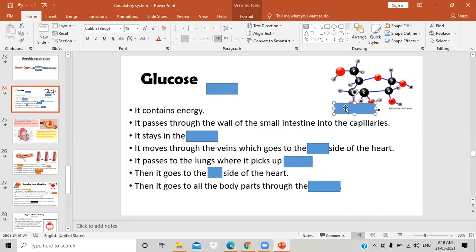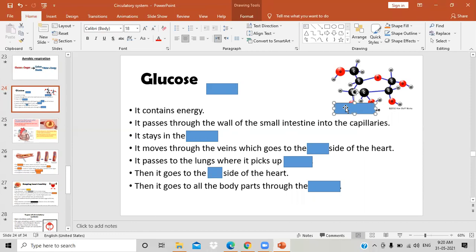Glucose passes through the walls of the small intestines into the capillaries. So where do we get glucose from? This is where the digestive system and the circulatory system are connected. Any food that you eat eventually breaks down into its simplest form, which is glucose.